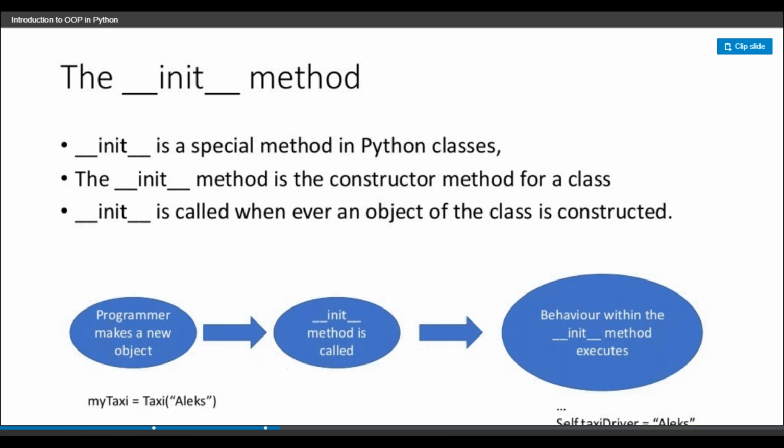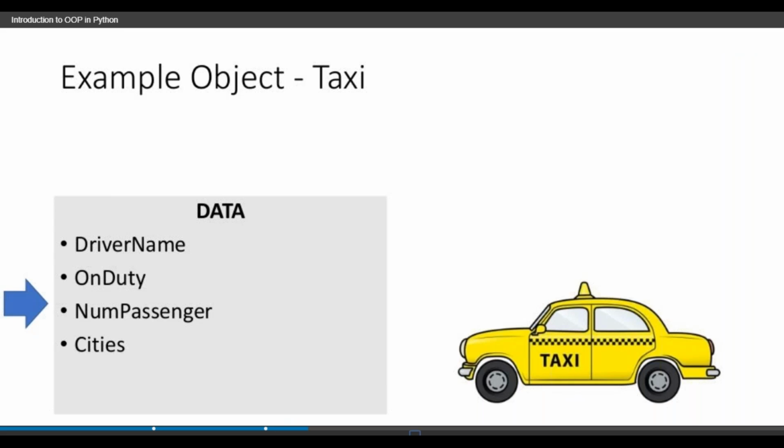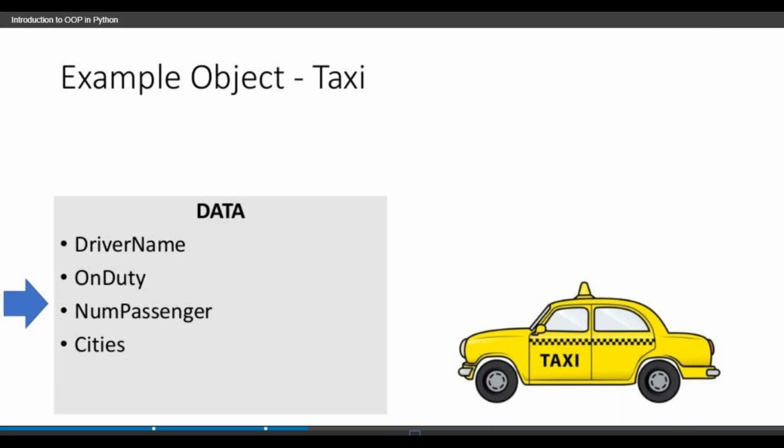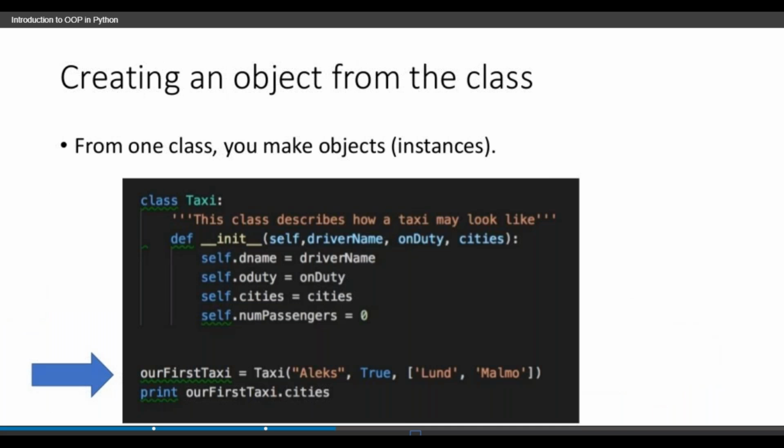Next example, object taxi. The data is driver name, on duty, number of passengers, cities. I told you the taxi example. What kind of attributes are available? Driver name, on duty, number of passengers, number of cities. Next, creating an object from a class. How to create an object from a class?